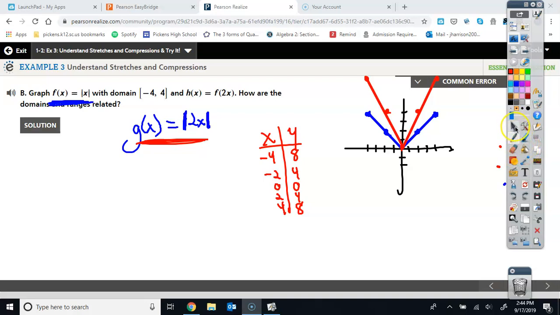All right, so guys, I was trying to do a little bit of fixing here too. For some reason, I'm having issues with the technology. So one thing, I made a mistake here. Because our domain in our original function was -4 to 4, when we do 2 times x, we actually can only plug in -2, -1, 0, 1, and 2, because it's going to be double this x before we take the absolute value of it.